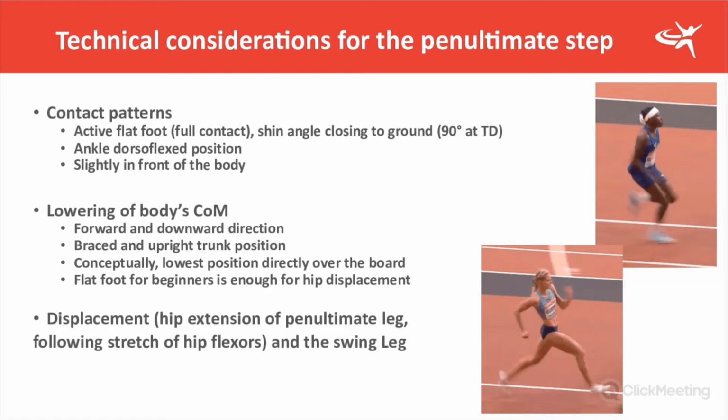I think it happens naturally as the athlete comes into the board and loads up in preparation for takeoff. I'm just looking at pulling that active foot down just in front of the center of mass, in that flat foot. And for me, that is enough to give me the displacement of the hips that I'm looking for.